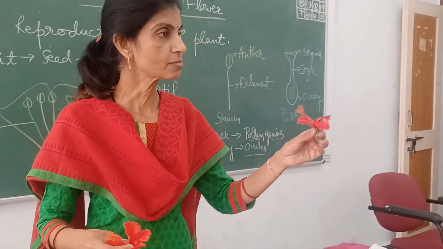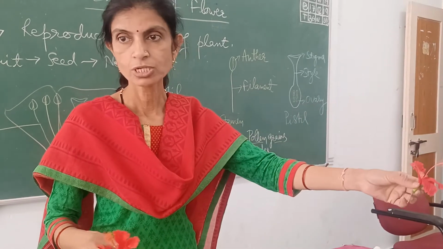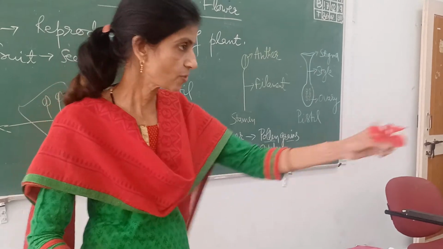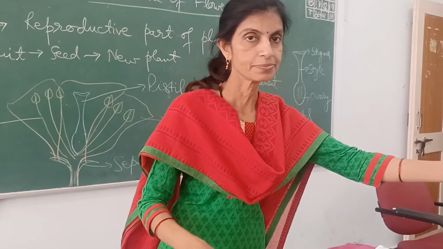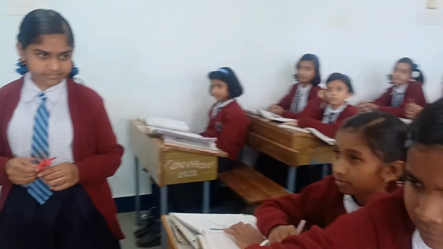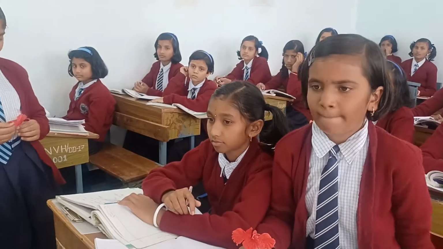Now all of you listen. I am giving a flower to you so that you can also find out yourself. So one girl from this bench can come, and this side also, boys.